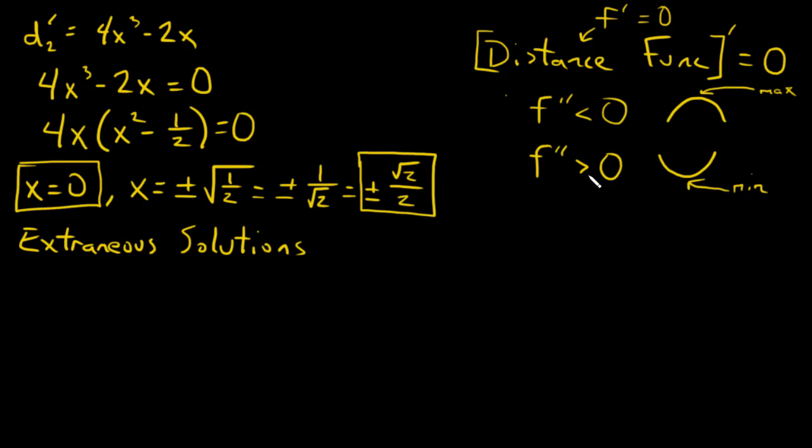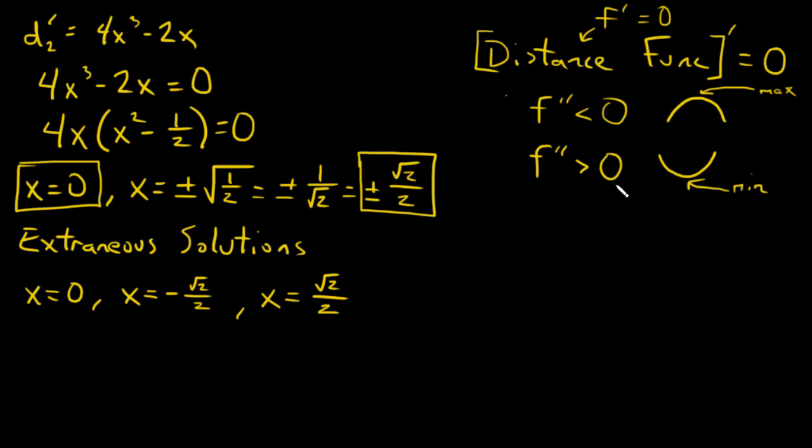And if it turns out to be greater than 0, that means that it is concave up, which means we have a min. So let's plug these values in. We've got to test x equals 0, x equals negative root 2 over 2, and x equals positive root 2 over 2. Okay, so those are the ones we need to test.